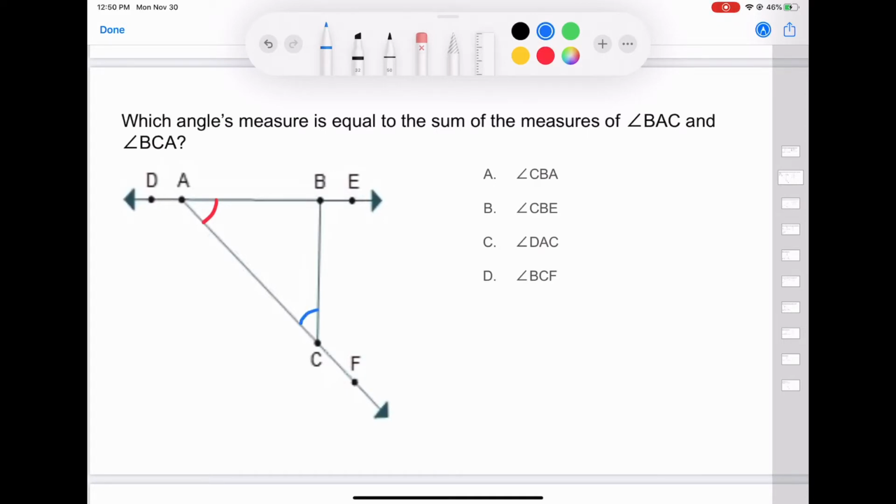What this is telling us is we're trying to figure out what angle measure is equal to the sum of these two angles. So, therefore, we would have to add BAC plus BCA, or as we have it written here, angle A plus angle C. These are relatively the same. Therefore, what we want to do is identify which angle would be congruent to the sum of those angles.